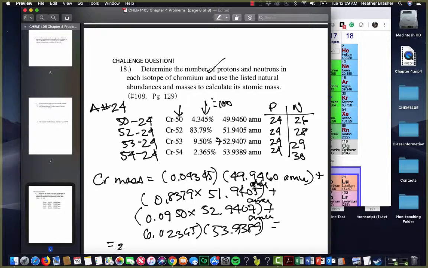This is going to be 2.170 plus 43.52 plus 5.03 plus 1.276, which equals 52.00 atomic mass units.